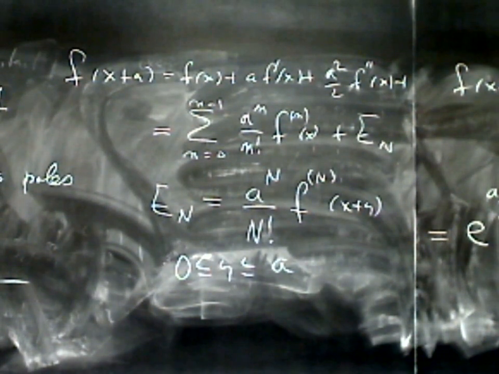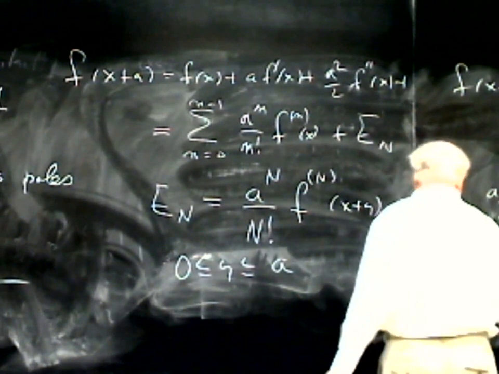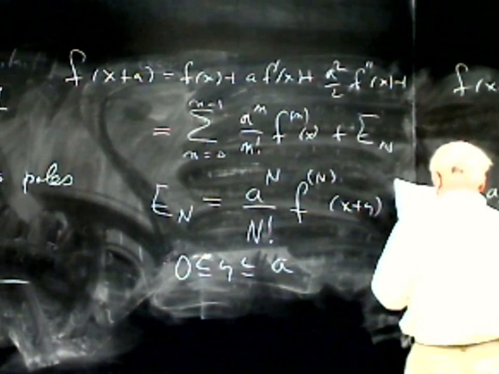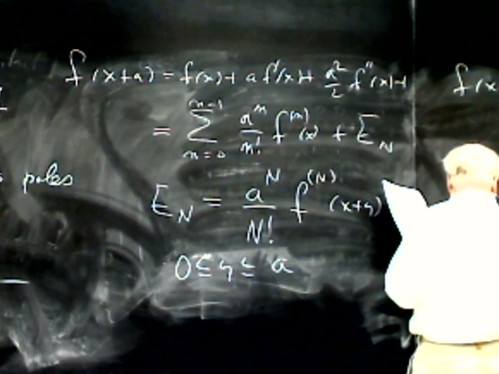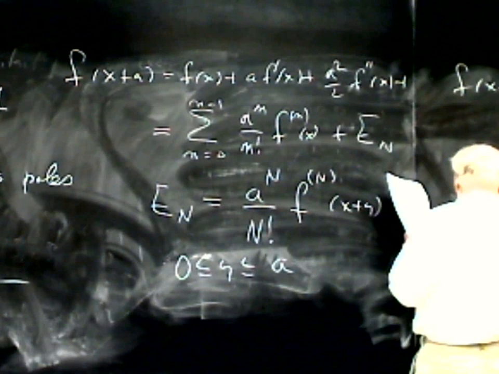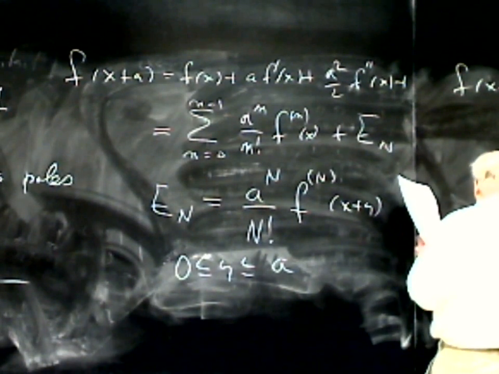In other words, e to the a d by dx is a translation operator. And in fact, in physics, we normally write that translation operator as e to the i a over h bar times h bar d by dx over i.